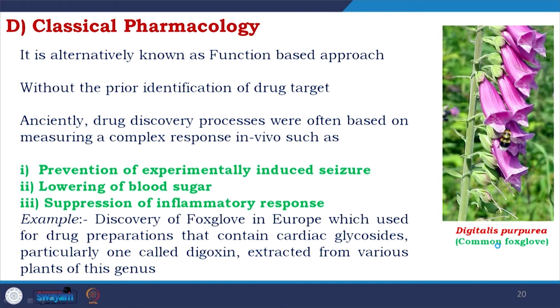One very good example is the discovery of foxglove in Europe, which was used for drug preparation that contain cardiac glycosides, particularly digoxin, which is extracted in high amount from various plants of this genus. This is Digitalis purpurea, which is common foxglove.